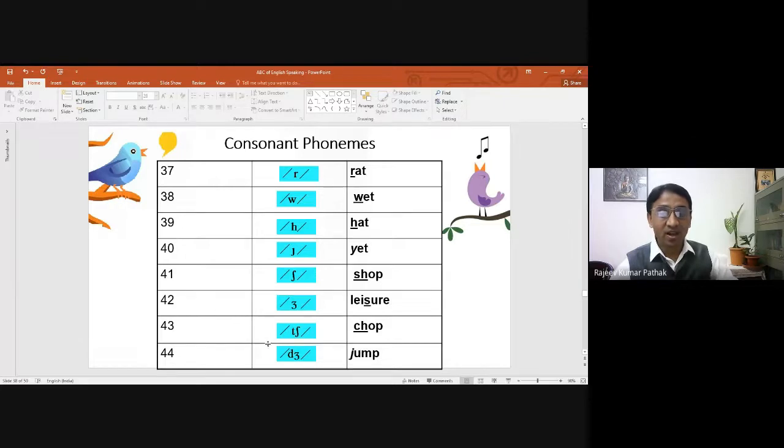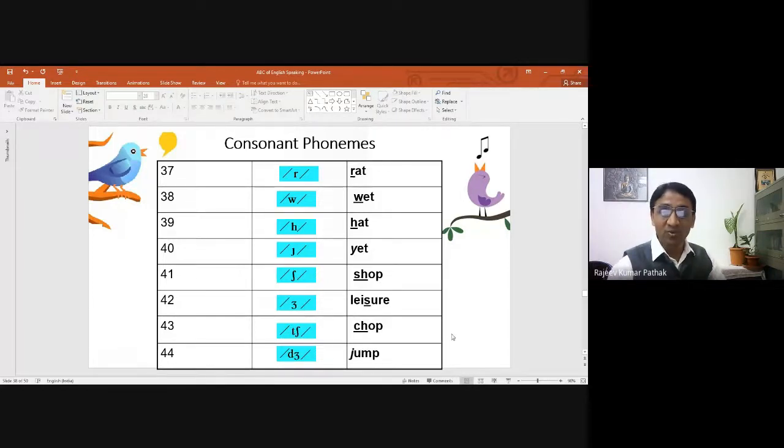This 44 is slightly more difficult for Indian people to pronounce than any other. So there are three: ja, z, and ja. The difference is very slight, so number 44 and 42 are mostly mixed together.